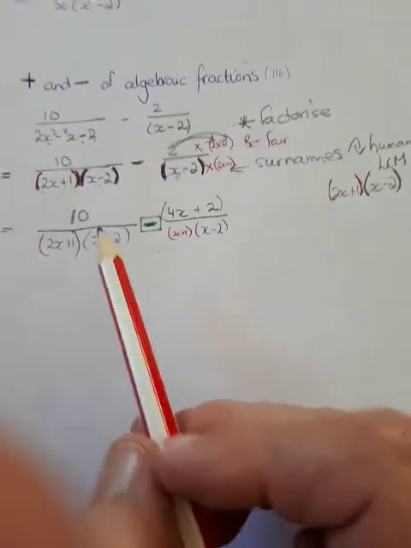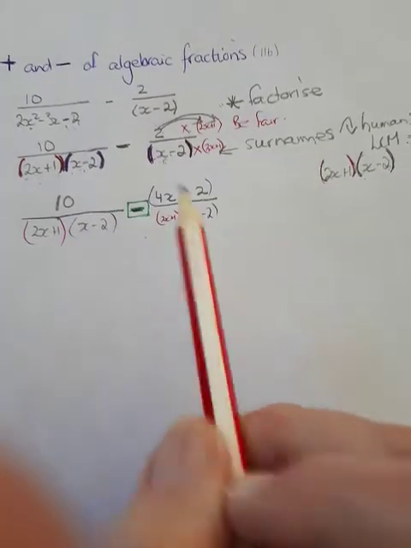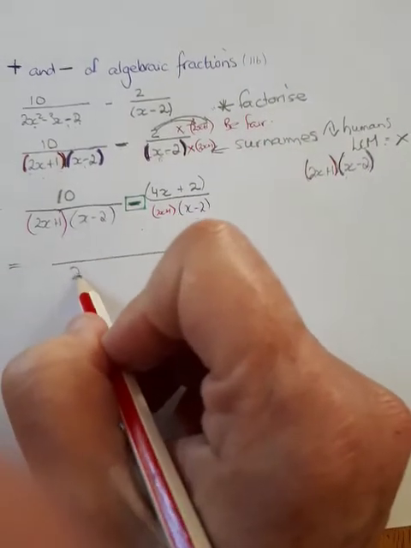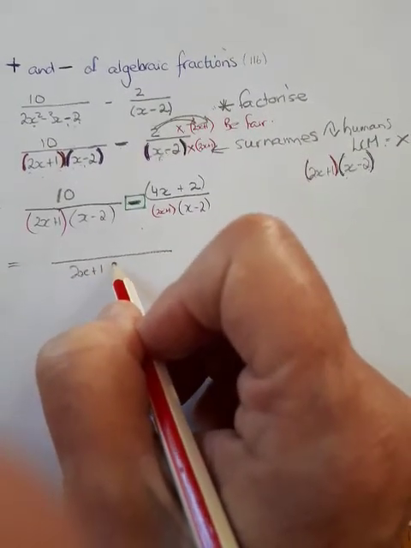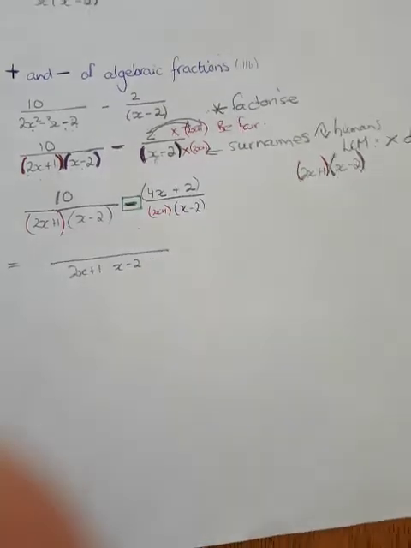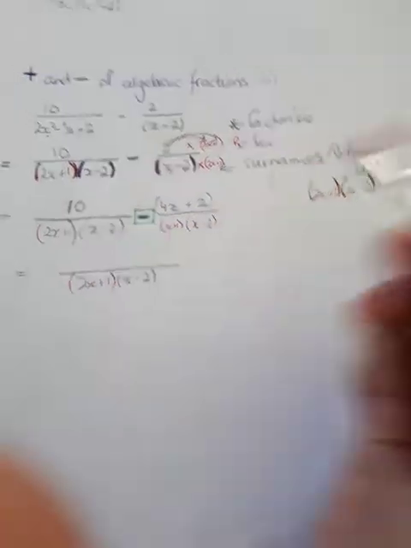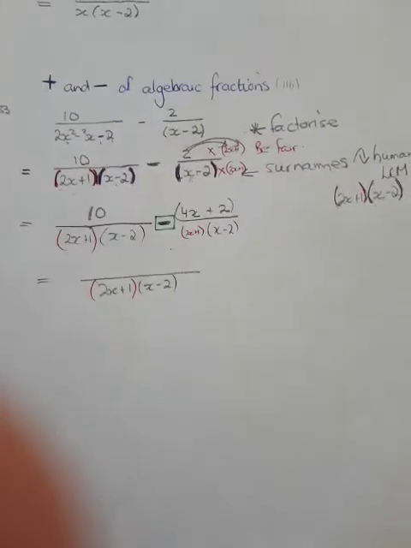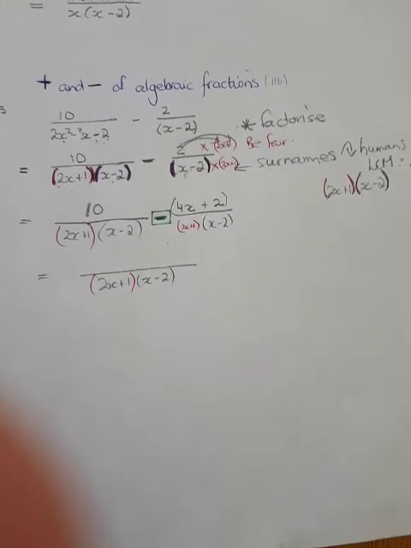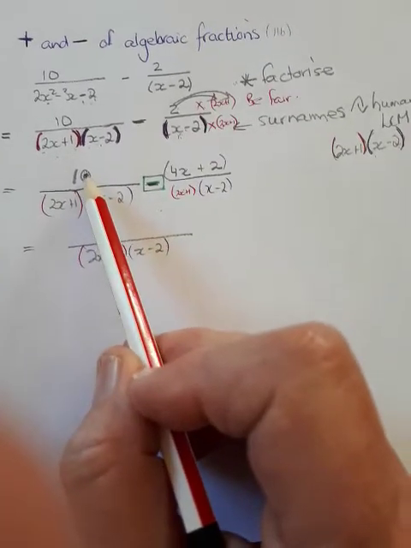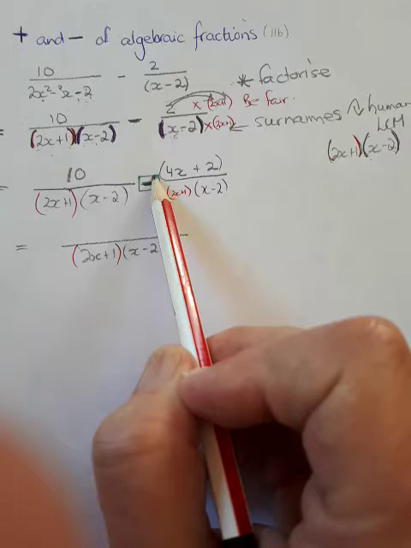If we now have the same denominator, remember we can now make this 2x plus 1 and x minus 2. The one is purple and the other one is red. I suggest that you are working with color because it always makes it much easier. Now we can actually simplify our numerator.